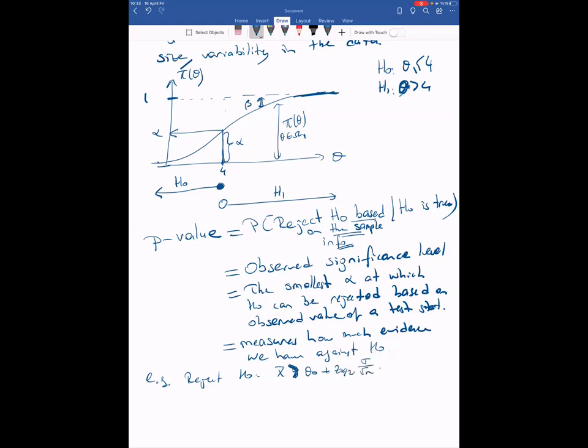Based on this rejection rule, what will be our p-value, how will we derive it? It is the probability that X bar is greater than the observed value, given that theta 0 is true, so theta equals theta 0. This is the way that we are calculating.